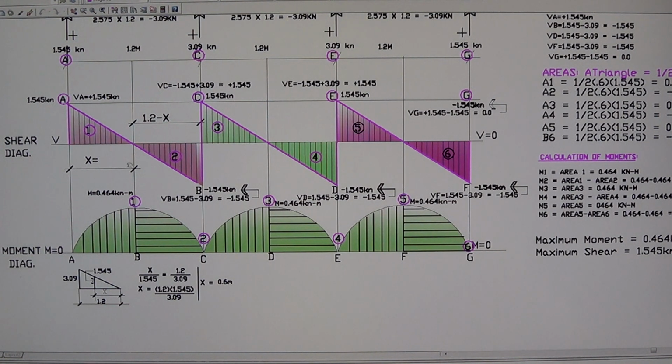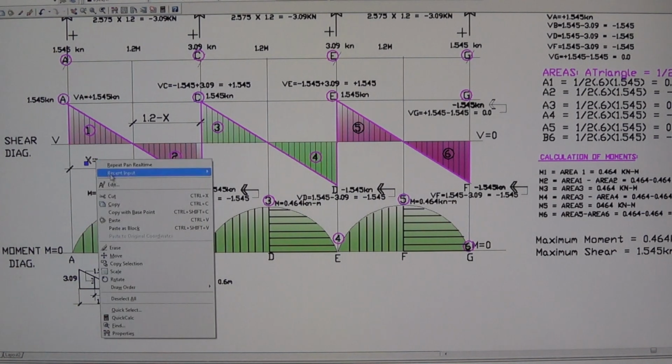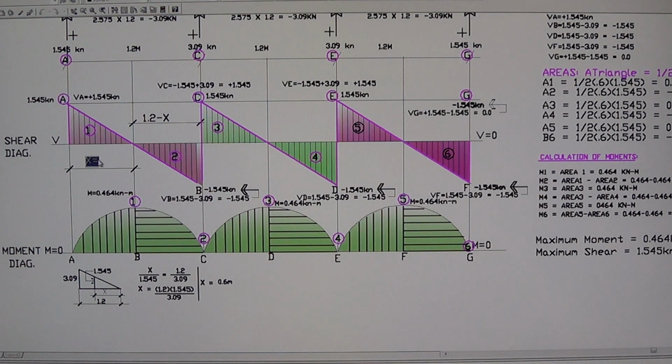So now we have the X. Area 1 is 1/2 base times height, equal to 1/2, X here is 0.6.